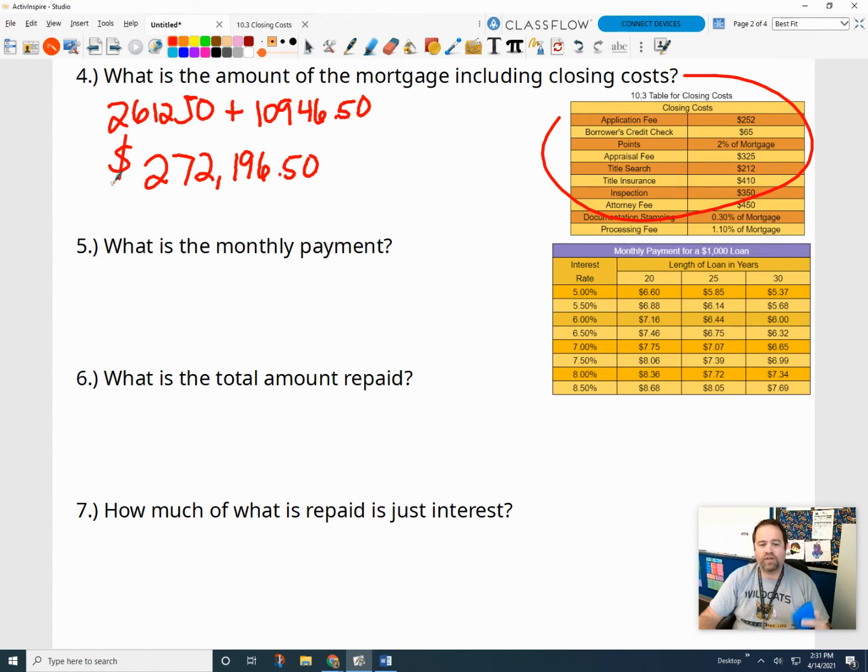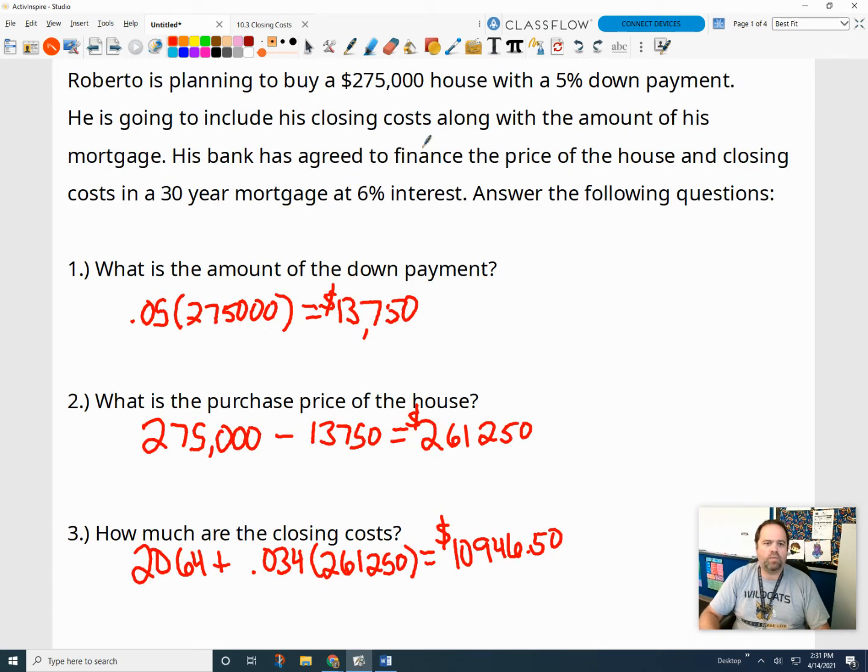Now we're going to go into figuring out his monthly payment. That was section 10.2 if you need to go back and watch that. So his monthly payment is going to be that $272,196.50, divided by 1,000 to get it on the table. And then you have to look up the amount of his loan. I believe it was a 30-year mortgage at 6% interest, so that's what we need off the table.